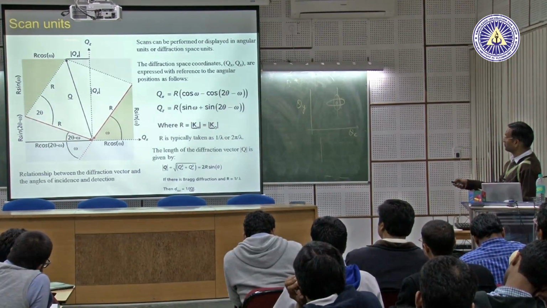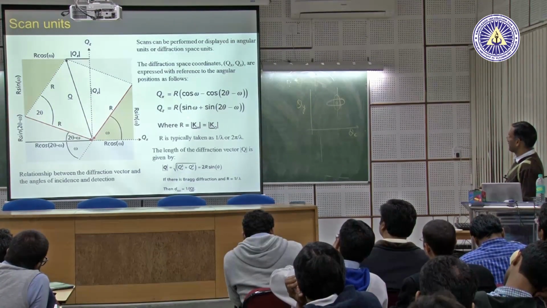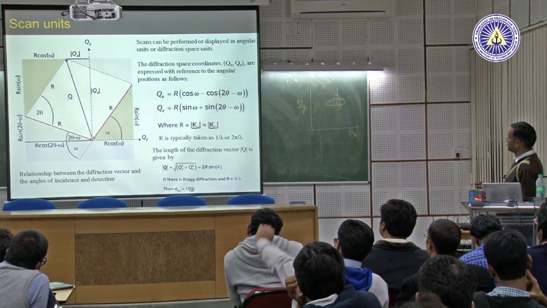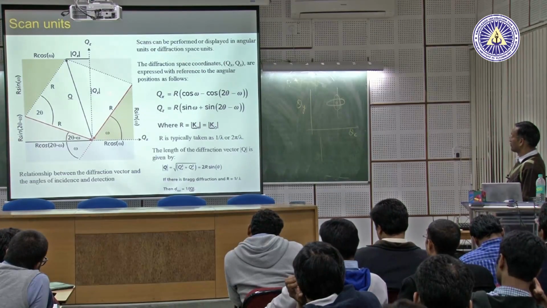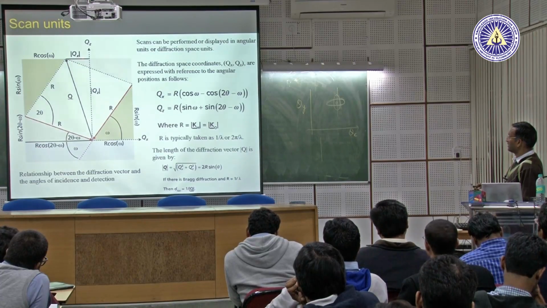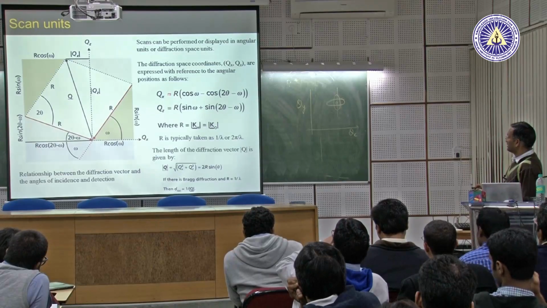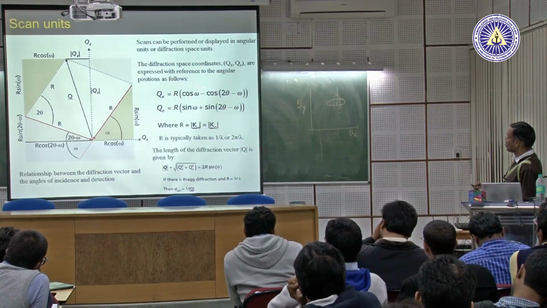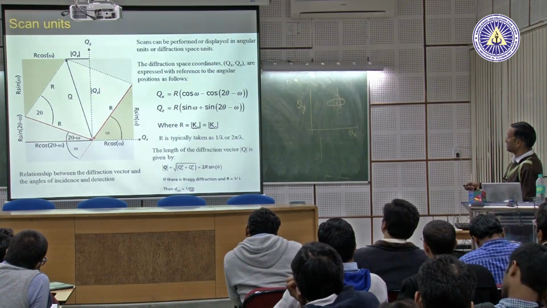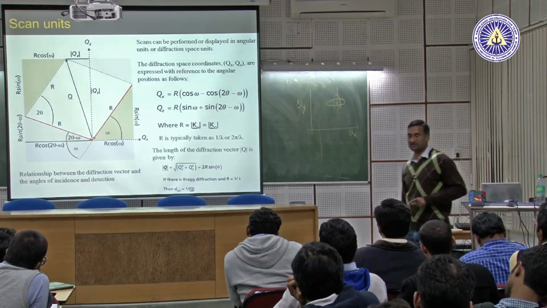If you now look at the geometry, you can define various angles in different ways, and you can write a geometrical relation between the angular position and the different space coordinates. So what you will find is that Qx, which corresponds to some theta and omega value, can be written as r times (cos omega minus cos(2 theta minus omega)), and Qz, in this direction, can be written as r times (sin omega plus sin(2 theta minus omega)).